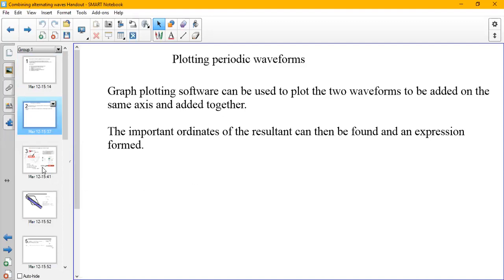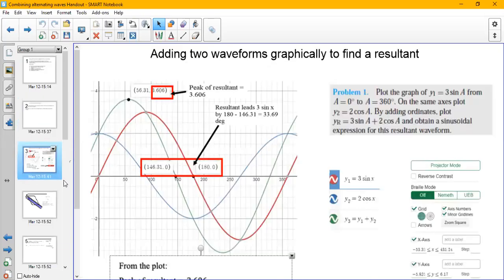If you look at the next slide in your handout, you'll see I've done two waveforms there. Keep an eye on my cursor. We plot a graph of y1 equals 3 sine A between 0 and 360.